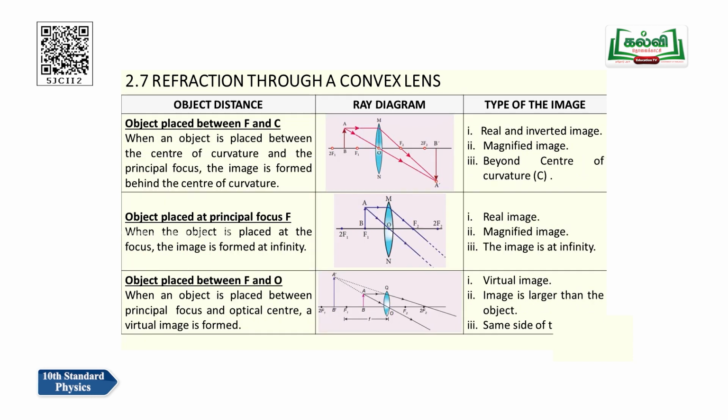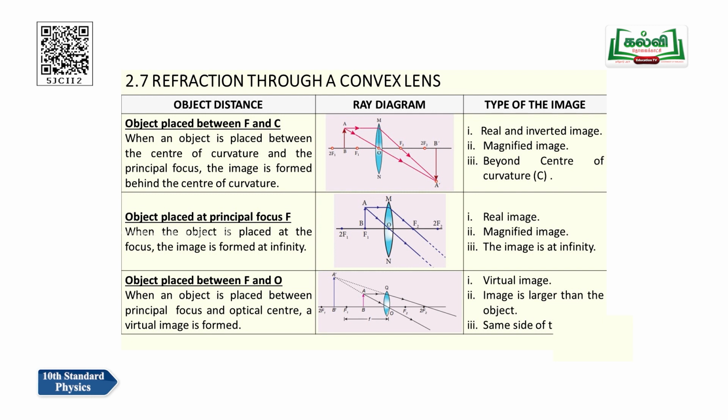Now we take the object closer to the lens. The object is placed between f and C. What is f? What is C? F is the principal focus, C is the center of curvature. If we keep the object between f1 and 2f1, the image is formed beyond 2f2, that is, on the other side of the lens.